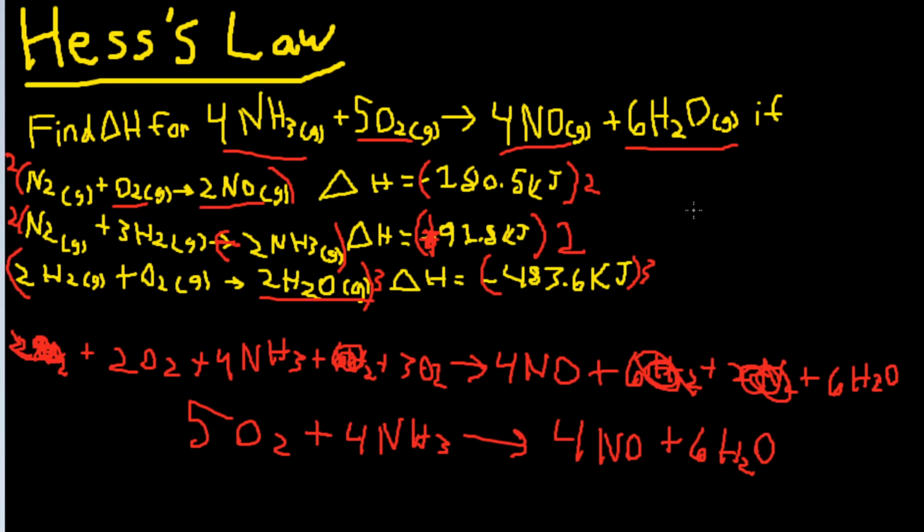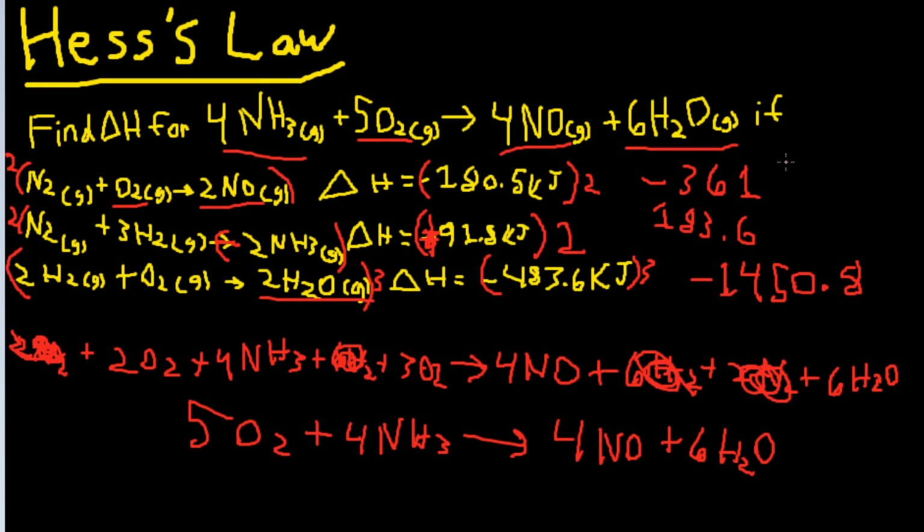Now we need to do some multiplication. Negative 180.5 times 2 will be negative 361. Remember, this is now positive, and 91.8 times 2 will be 183.6. And finally, negative 483.6 times 3 will make negative 1,450.8.